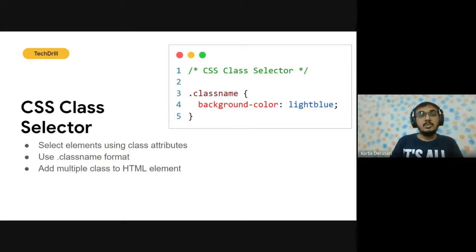I can use red in an H1, and also in a list item, and the CSS would be background color equals red. Getting it?